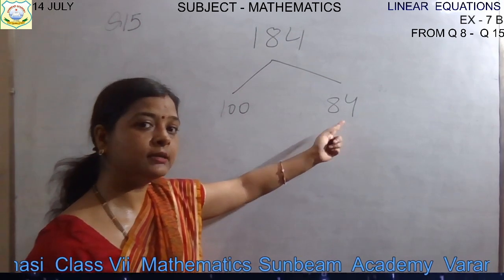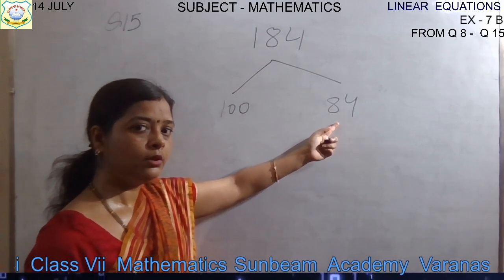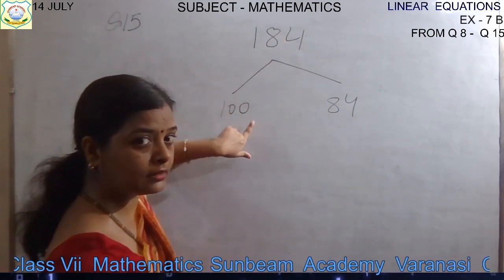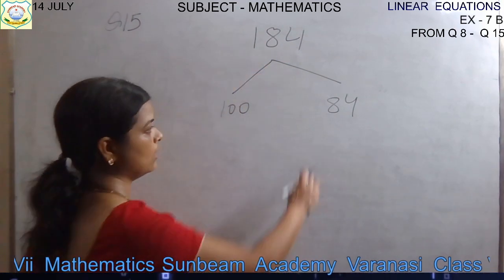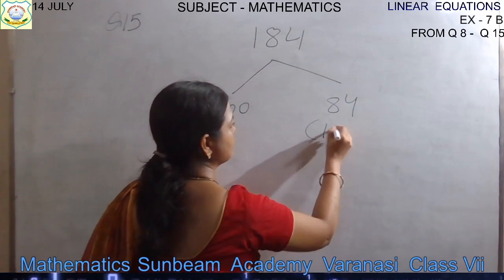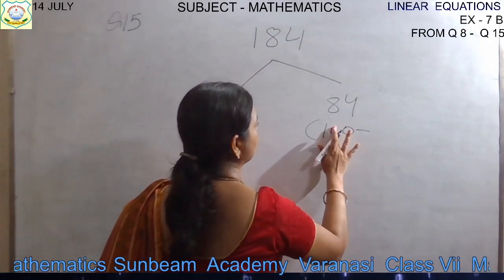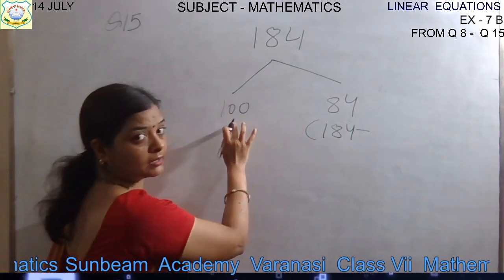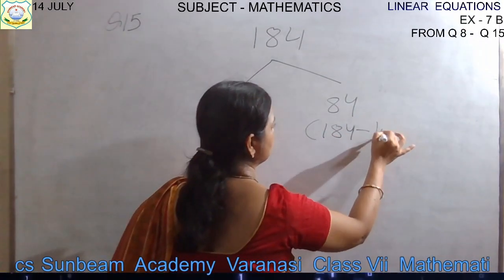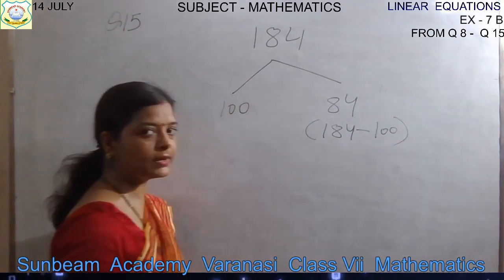So how did you find this 84? You subtracted the first number, 100, from 184. This comes as 184 minus the first number, that is 100. That's why 84 has come.